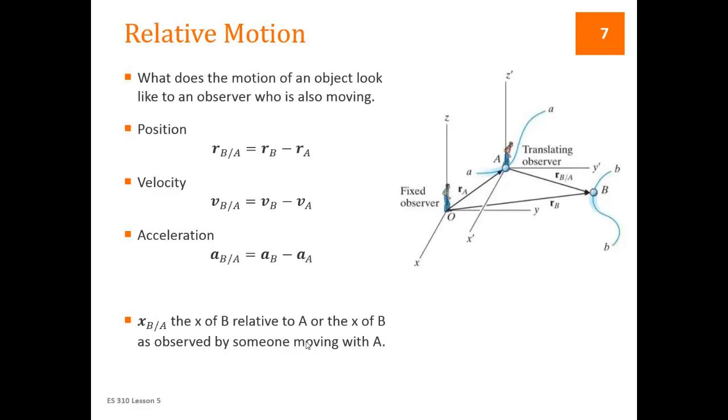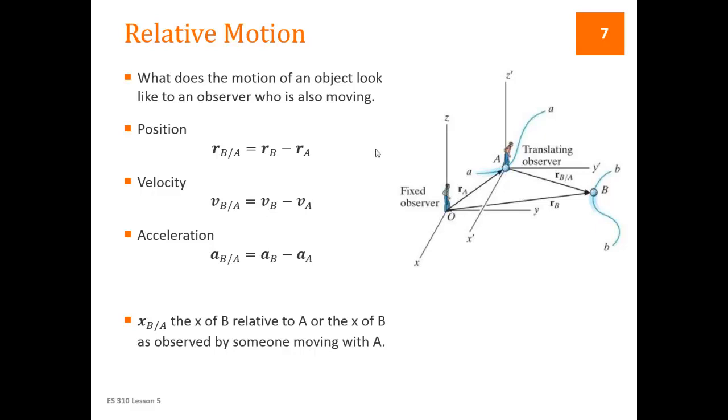Mathematically, what that is, is simple vector subtraction. So position-wise, the position of B relative to A is the position of B minus the position of A. Velocity of B relative to A is the velocity of B minus velocity of A. And the acceleration of B relative to A is the acceleration of B minus acceleration of A. So a couple of things to notice.